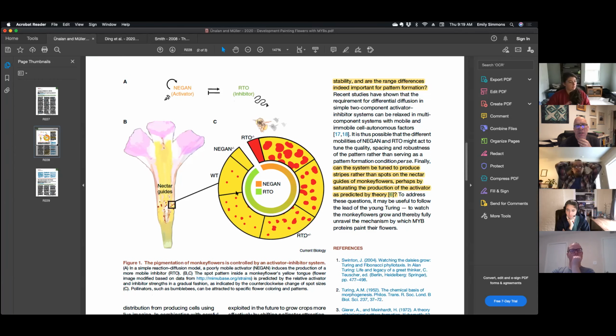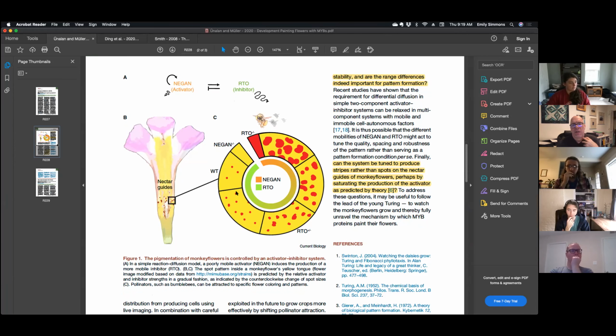So there are experiments, I think, where they show that a redder nectar guide might be more attractive to a pollinator, but it's not clear how similar to an ecological situation that really is.